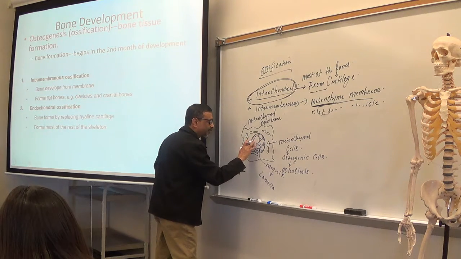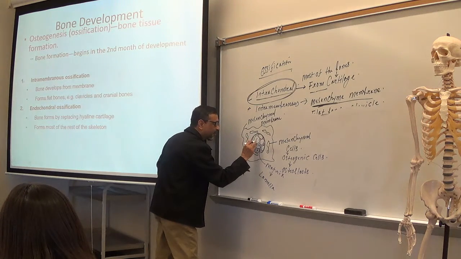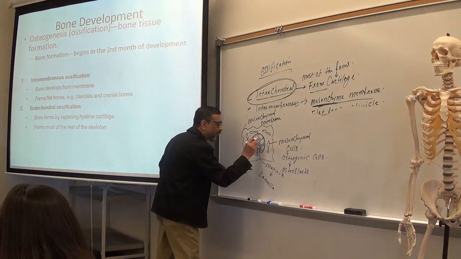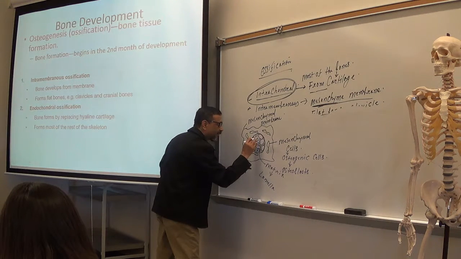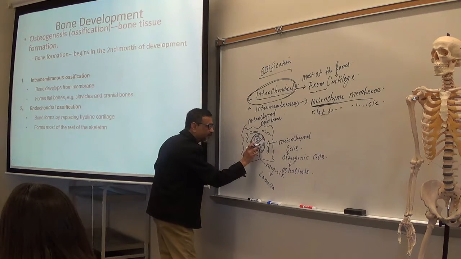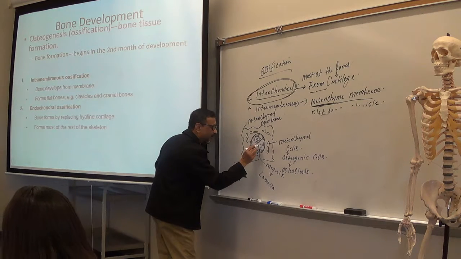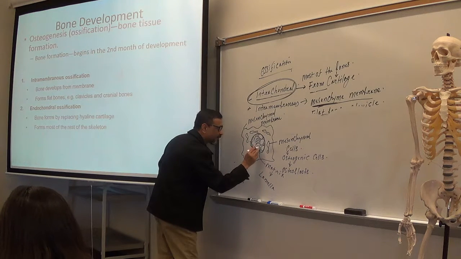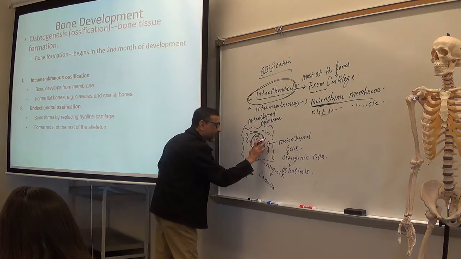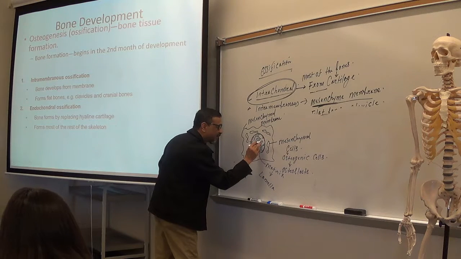But remember, the matrix is already hard. So what will happen? The osteoblast will get smaller. Osteocyte. Now around that, you have hard matrix. This will get smaller. Let's make it smaller. Osteocyte. The processes. This one got smaller, mature, osteocyte.